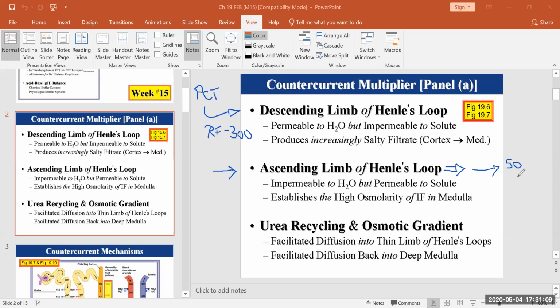And when that renal filtrate goes back up through the ascending limb of the loop of Henle, now water cannot escape, but that ascending limb is actively sending out sodium, potassium, and chloride. So the renal filtrate in the ascending limb is losing solute, is losing salt. Therefore, that renal filtrate in the ascending portion becomes more dilute.